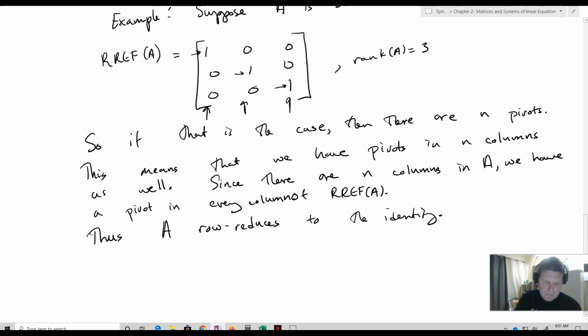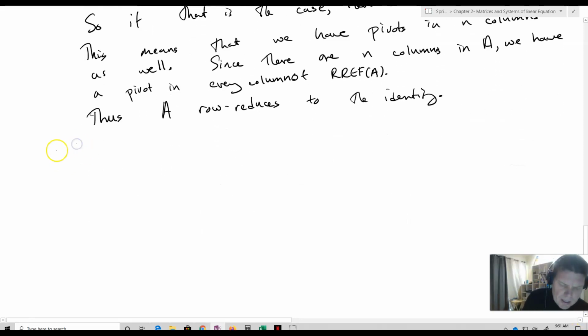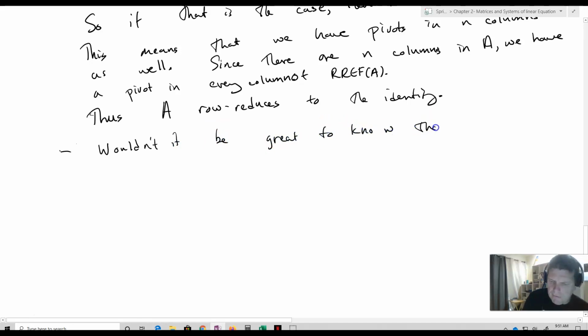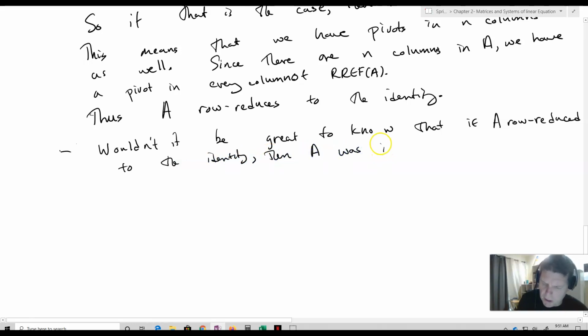So it row reduces down to the identity, and wouldn't it be handy, wouldn't it be great to know that if A row reduced to the identity, then A was invertible? Yeah, that would be really great.